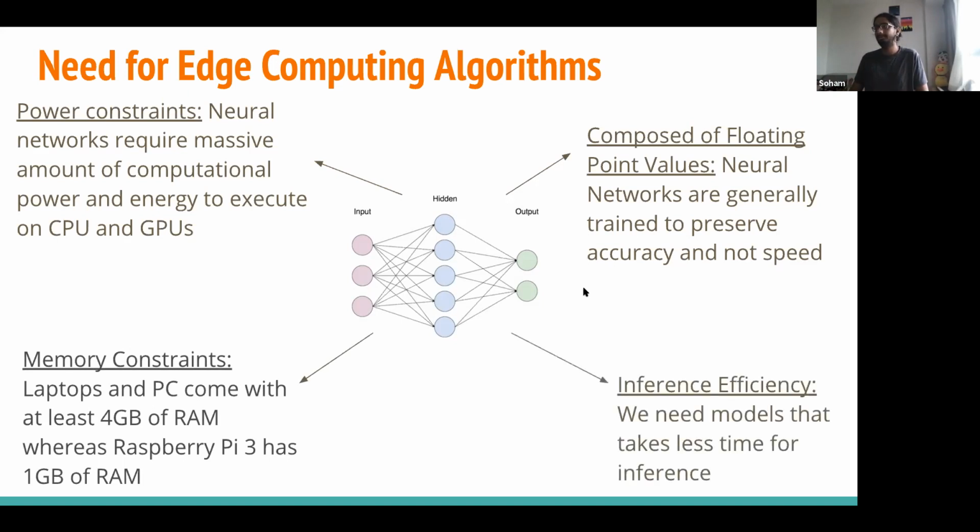And finally, at the end of the day, if we want to shift to the edge, we want to reduce the latency. We don't want to send a request to a cloud server somewhere and then get the result back. So we want to increase our inference efficiency by creating models that don't take a lot of time to execute.